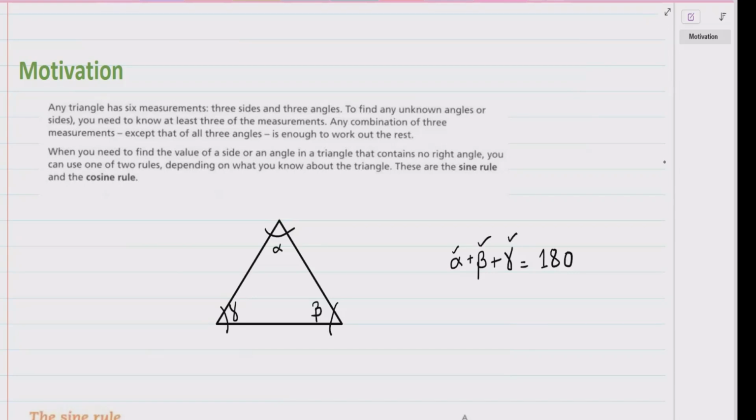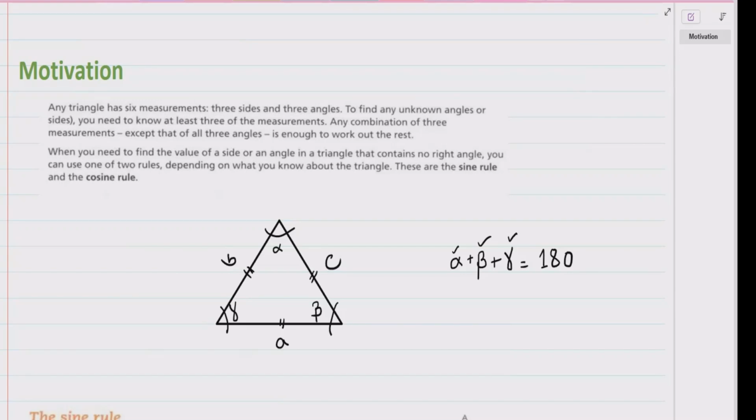The other three are the sides. So the labeling is really important when we learn about the sine and cosine rules. The side in front of beta, we call B. The side in front of alpha is A, and the side in front of gamma is C, right?